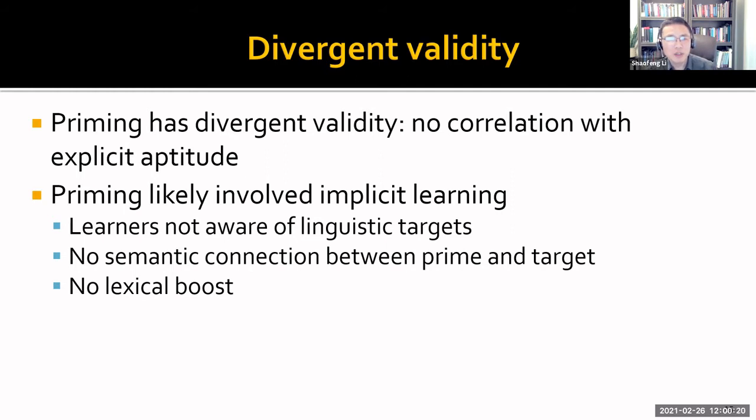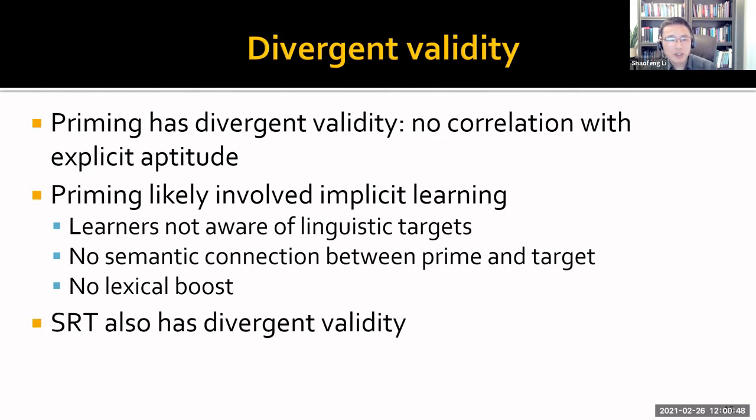In the study, no learners were aware of the target structures of the priming task, and there was no semantic connection between primes and targets in the test. There was also no lexical boost. That is, there was no lexical overlap between priming sentences and target stimuli.